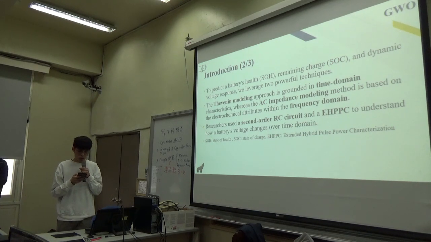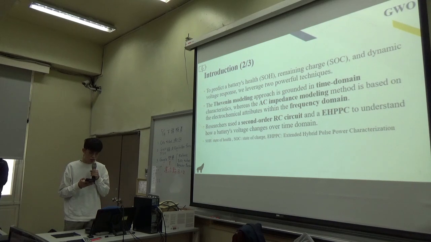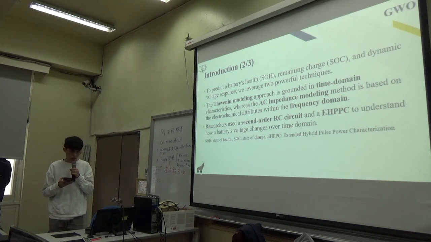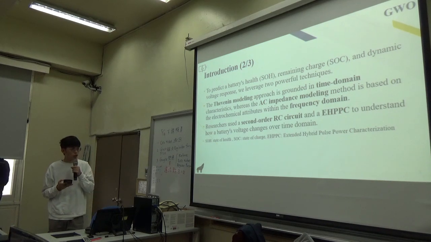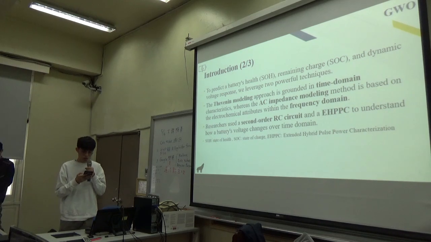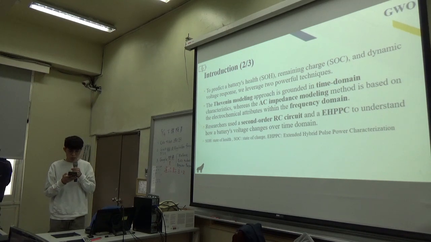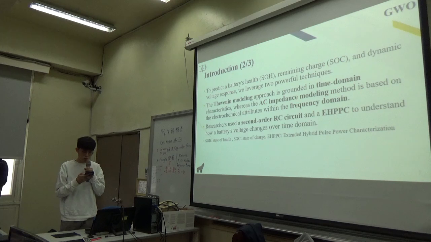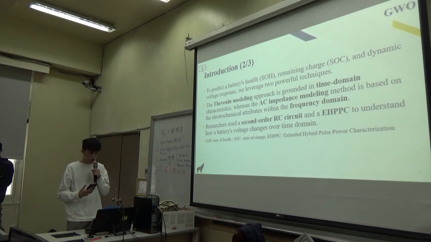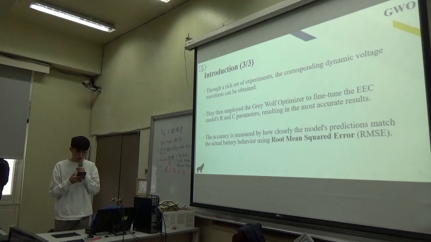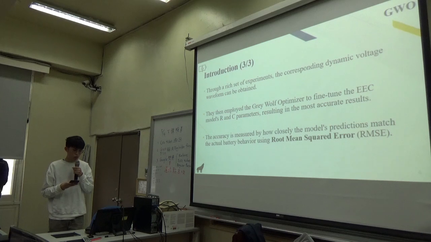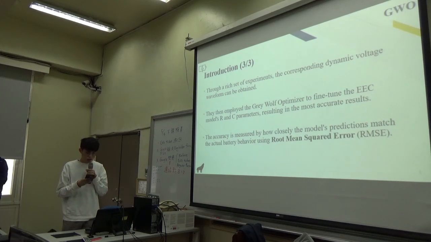Researchers use a second-order RC circuit and an EHPPC to determine how a battery voltage changes over the time domain. The EHPPC represents extended hybrid pulse power characterization. Then, through a rich set of experiments, the corresponding dynamic voltage waveform can be obtained.